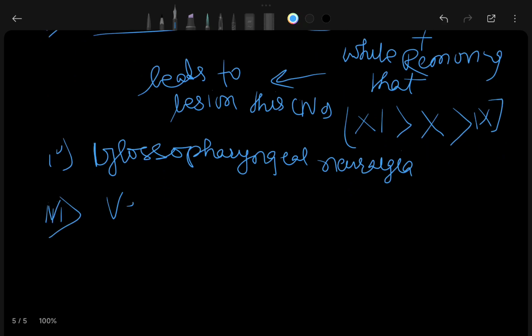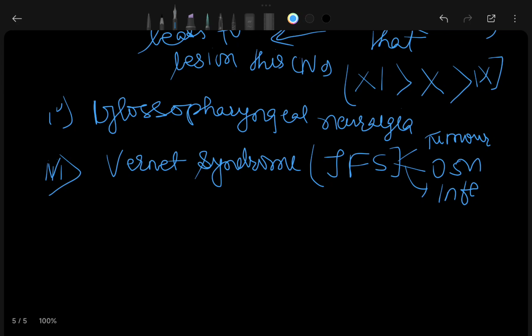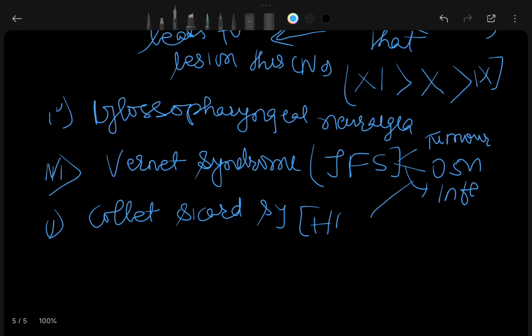The first syndrome is Vernet syndrome, also known as jugular foramen syndrome, which occurs due to compression of the nerve by a tumor in the jugular foramen, or osteomyelitis or other infections in the jugular foramen. Then there are similar syndromes where the same conditions occur near the hypoglossal canal, or in between them.